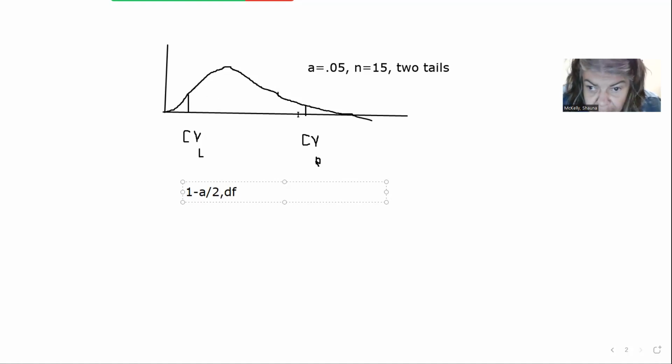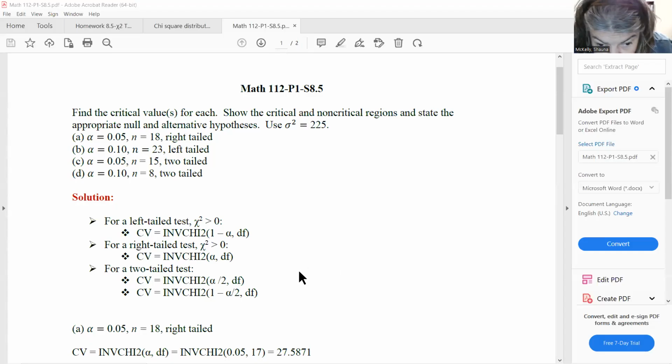Because I have to split the alpha when I have two tails. So 1 minus alpha over 2 in df. Let me show you that again. So here, we're doing a two-tail test. So 1 minus alpha over 2 in df, and then alpha over 2.